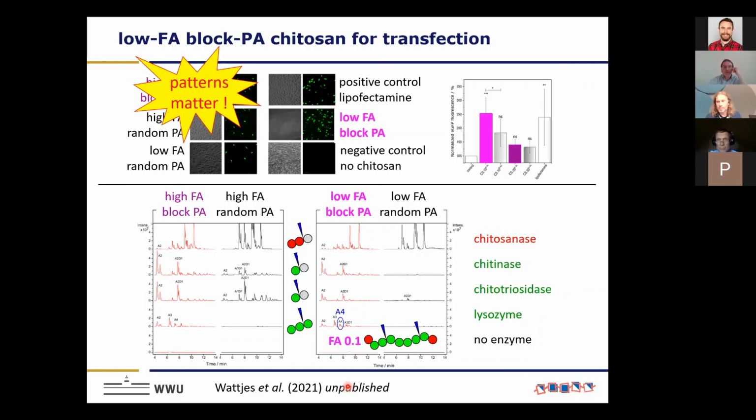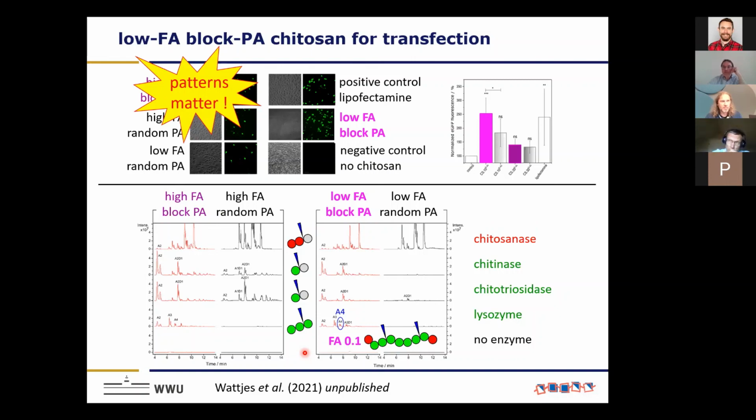We know that, for instance, this monoacetylated tetramer is not recognized by the typical chitin receptor. In plants, chitin receptors are known, but they require a rather high fraction of acetylation to bind the chitosan oligosaccharides and also to be triggered by them.